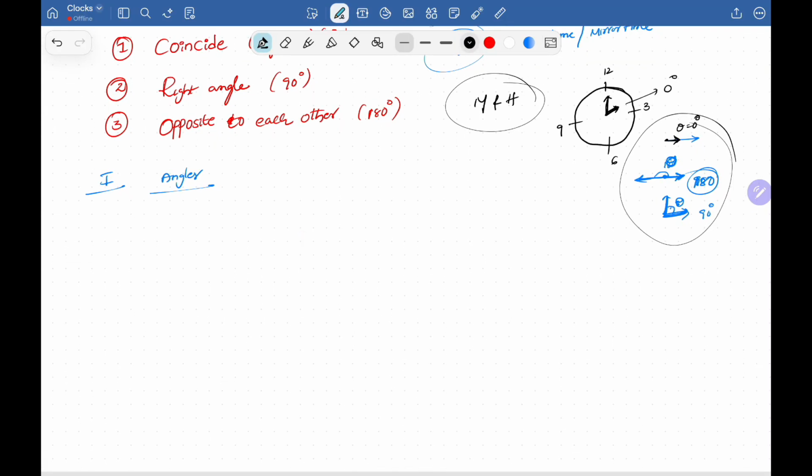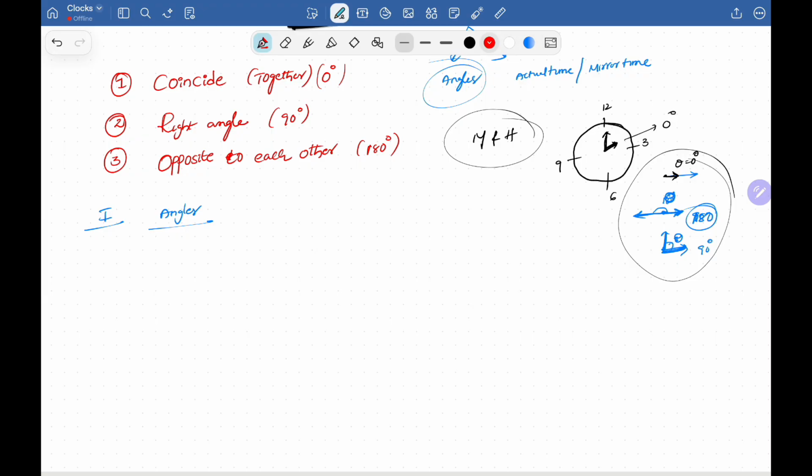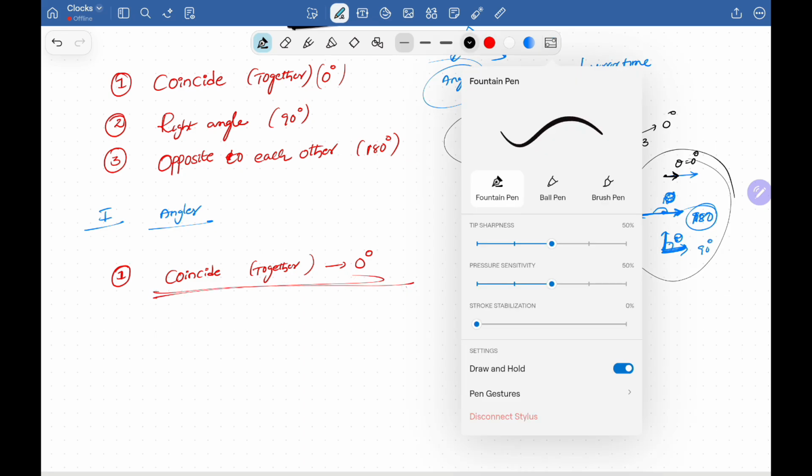So let's get into the topic. First, coincide, meaning they are together, which is 0 degrees. First I am going to plot it.